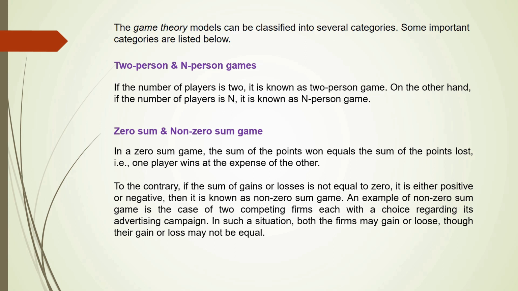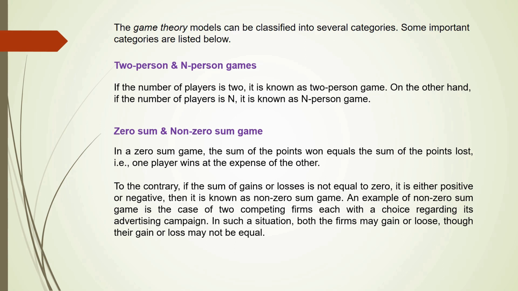In a game, the sum of points won equals the sum of points lost. Whatever we have won, we have lost that much. The number of wins is equal to the number of losses. That is, one player wins at the expense of the other player, which means loss is equal to gain. Then it is called zero sum.